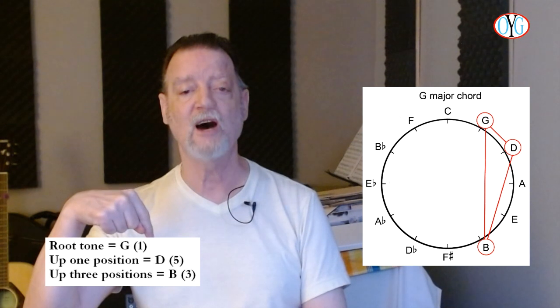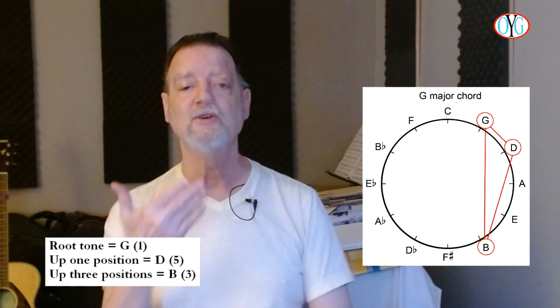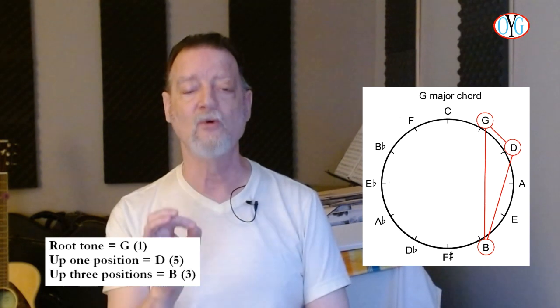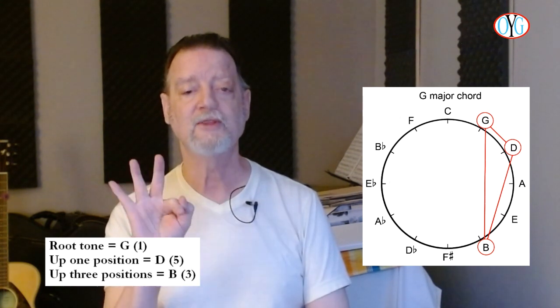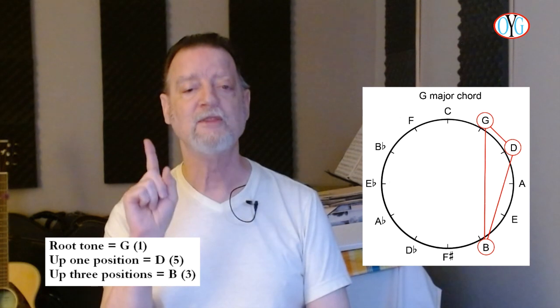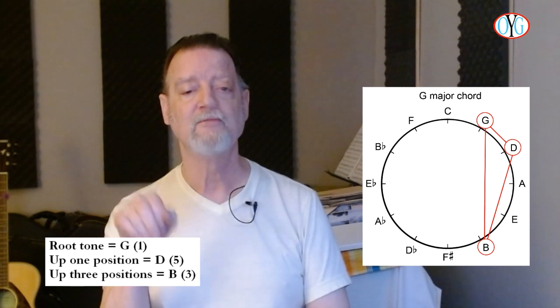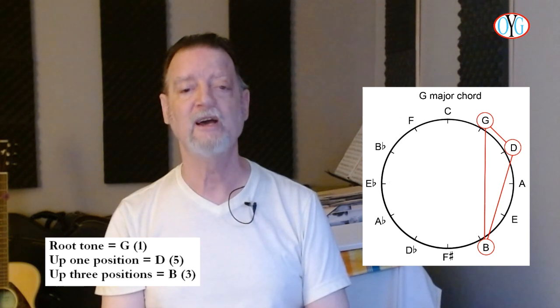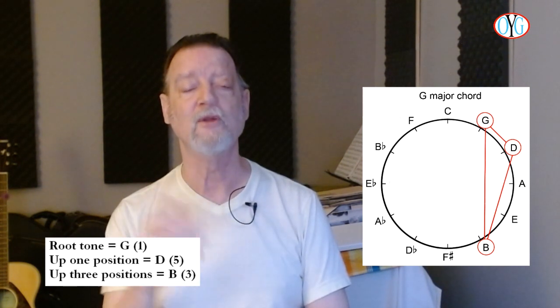We know that because we have it all sussed out, and using the scale as well further reinforces that you're only playing the 1, the 3, and the 5, the G, the B, and the D, regardless of how many times you play any given one of those 3 notes.